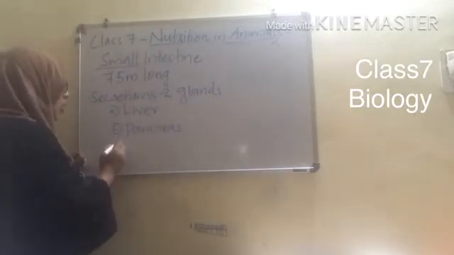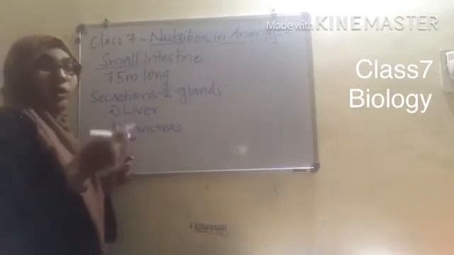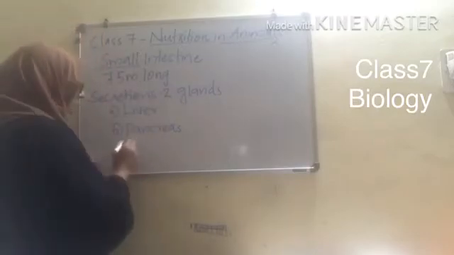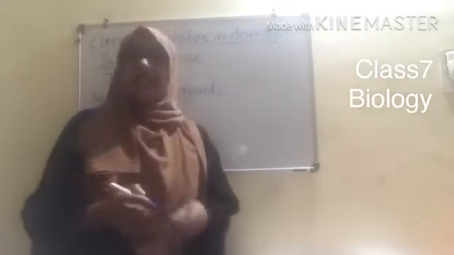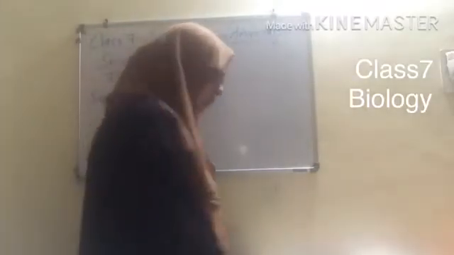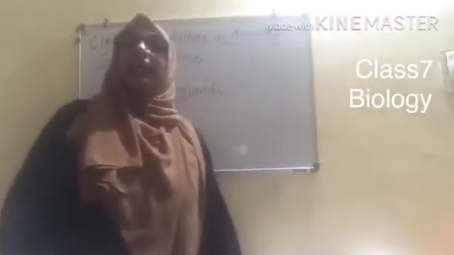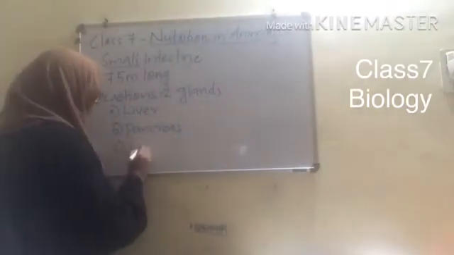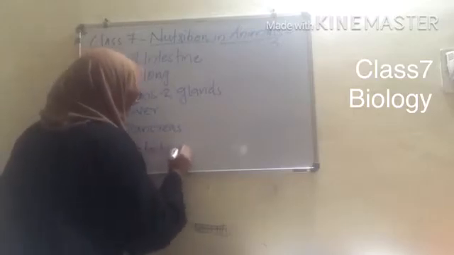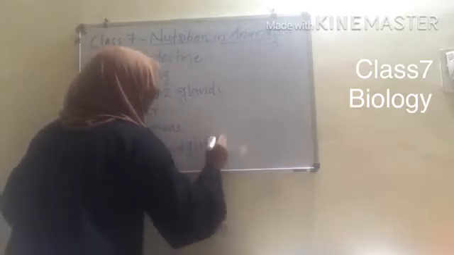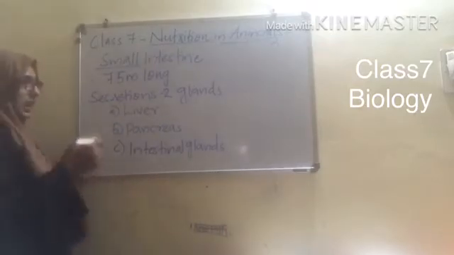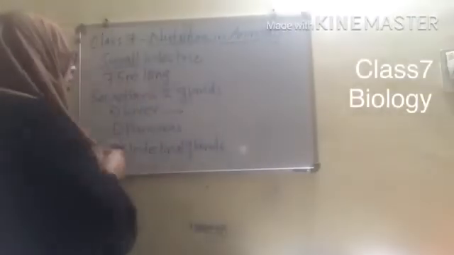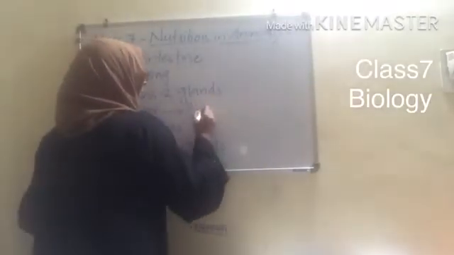Along with this, the small intestine has its own glands present on its walls, and they secrete intestinal juices. What do they secrete? Intestinal juices. Liver is responsible for the secretion of bile juice.